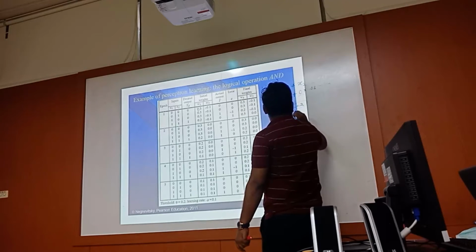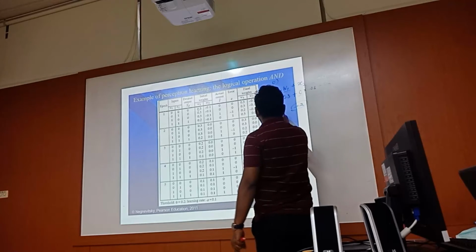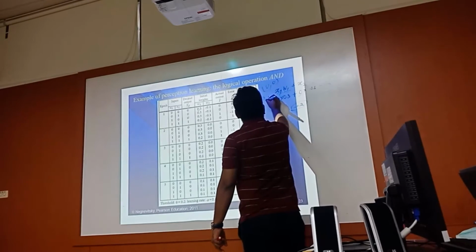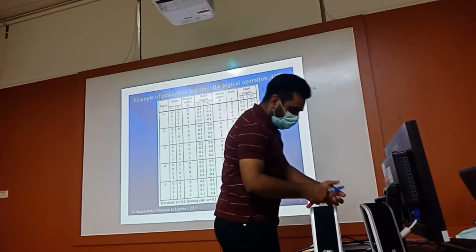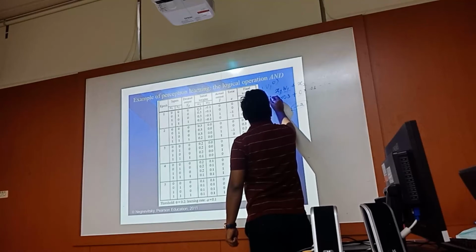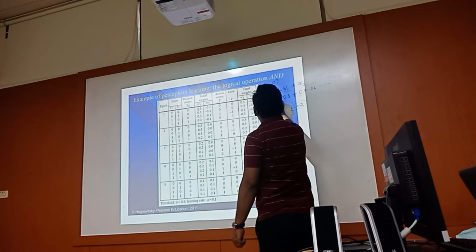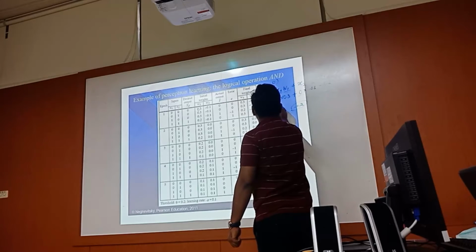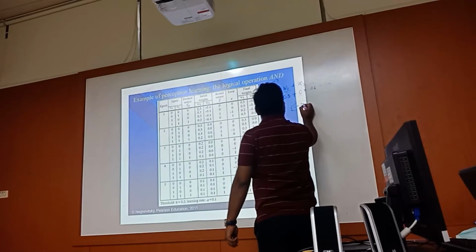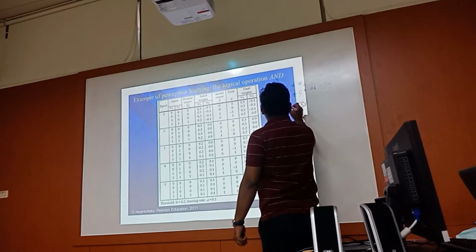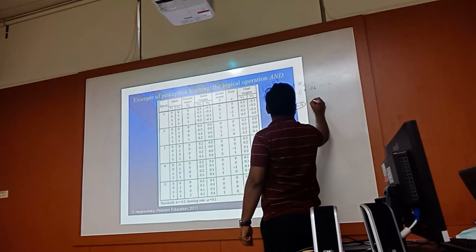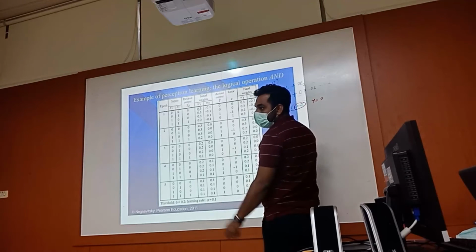Okay, so this is for the first row. But we have one equation where you check the net value. If this value is lesser than 0, then y is equal to 0.